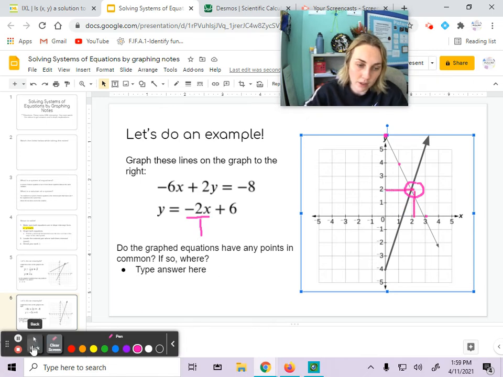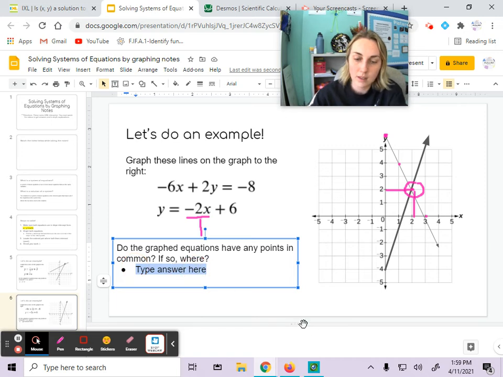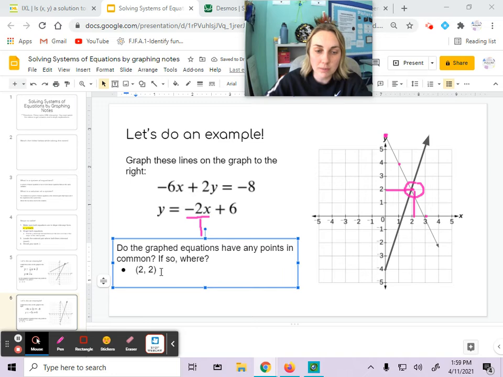So the ordered pair that y'all are going to write down here is going to be 2, 2. And guys, if you wanted to check your work on this, all you have to do is plug in this ordered pair into both equations just like you did on that IXL to make sure that it is true.